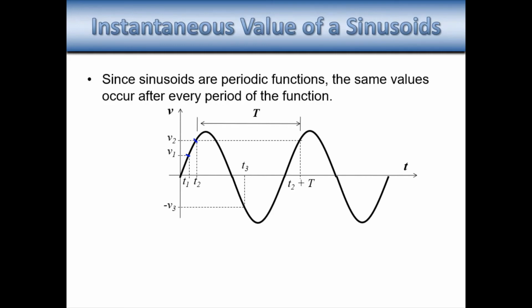However, the same value of v2 exists at t sub 2 plus the period. So the value of v sub 2 keeps repeating every T seconds or every period. And not only that, there's also a value here, because of the symmetry of the function.